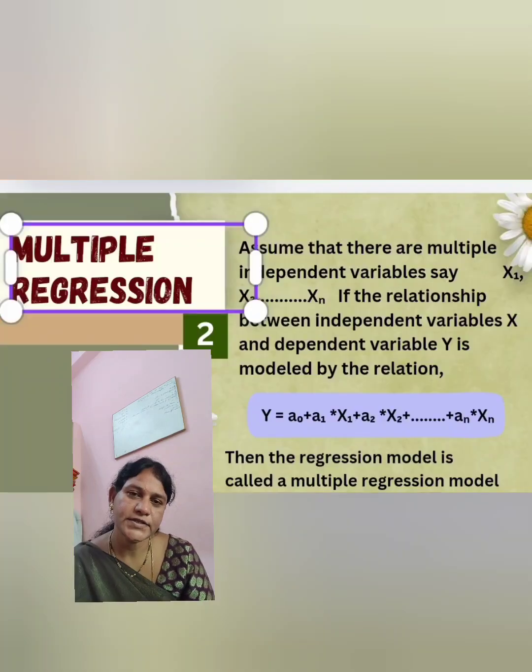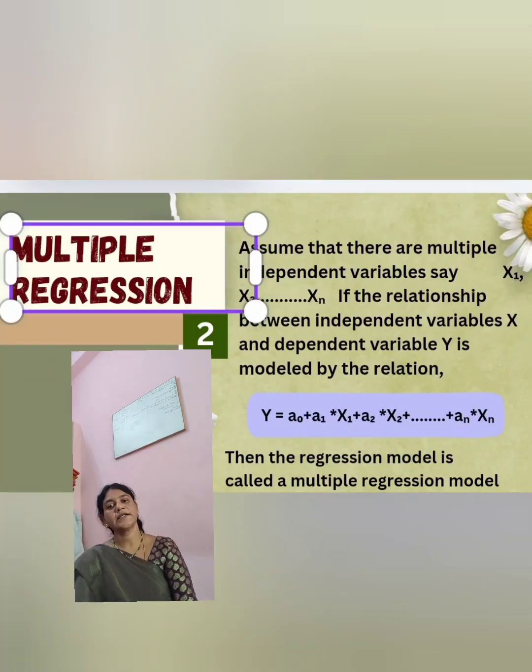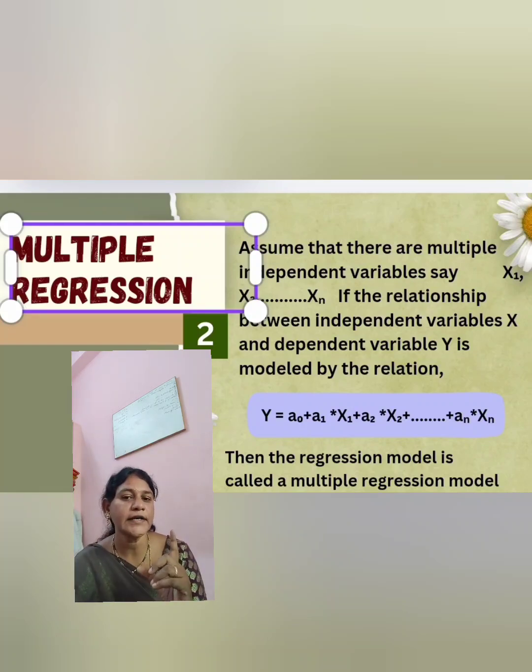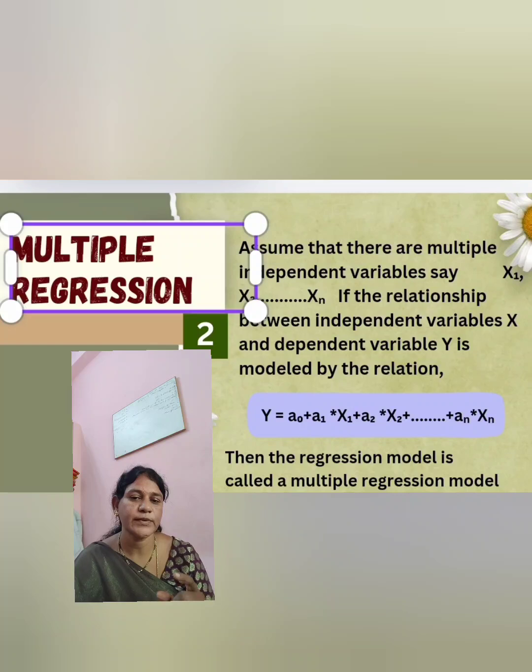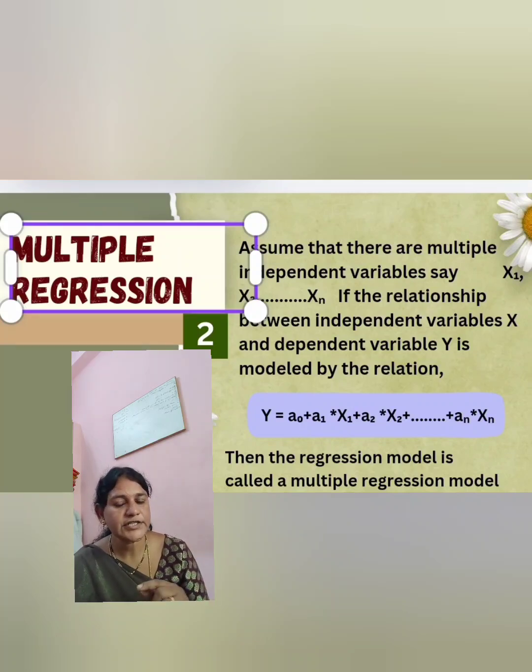The second type is multiple regression. Multiple regression assumes that there are multiple independent variables and only one dependent variable, that is the output variable. Here the independent variables are x1, x2, x3, and so on. Here is the relationship between the independent variables and the dependent variable. Multiple independent variables and one dependent variable, that is known as multiple regression.